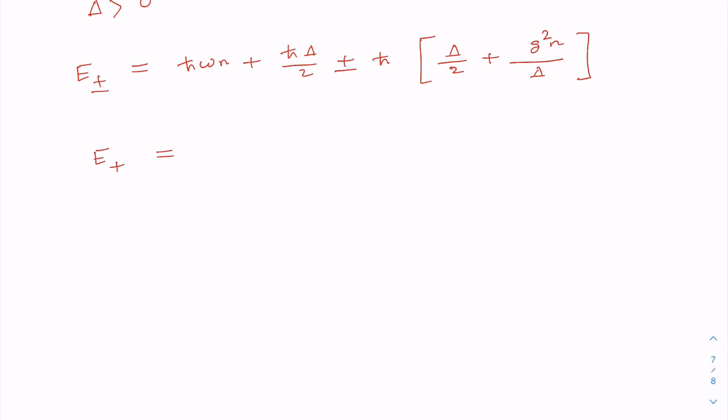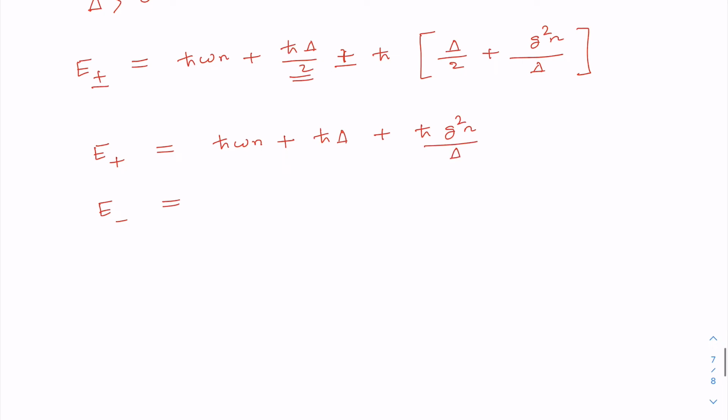One is E plus and another one is E minus, and E plus will correspond to ħωn plus, because of this plus sign these two terms will add up, so I will have ħΔ and I will have ħζ squared n by Δ. On the other hand, I will have here ħωn minus ħζ squared n by Δ.